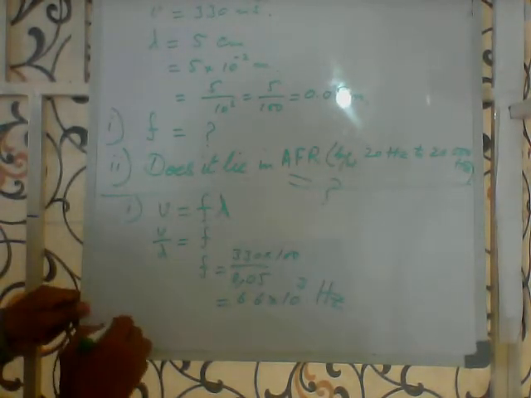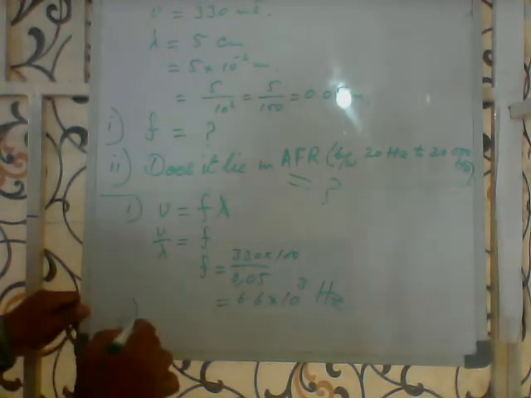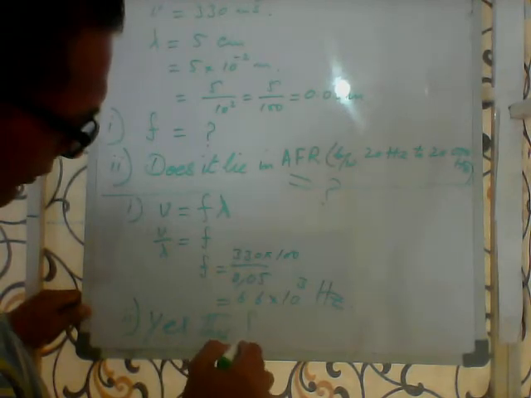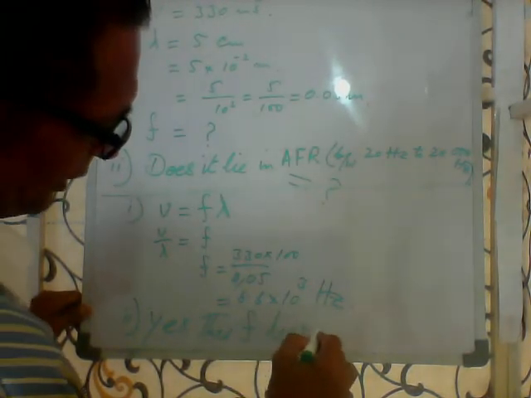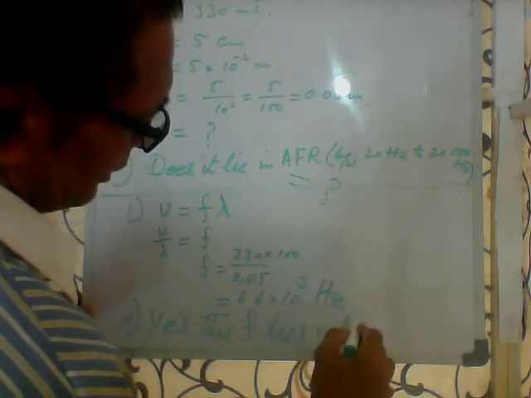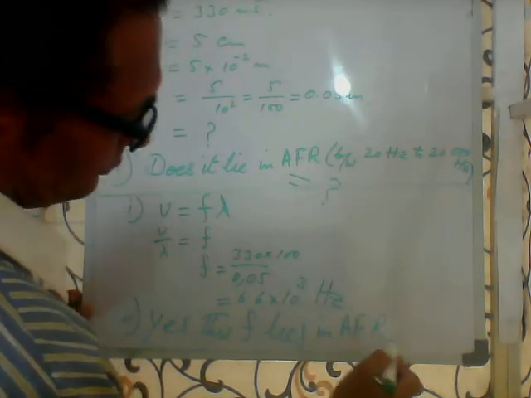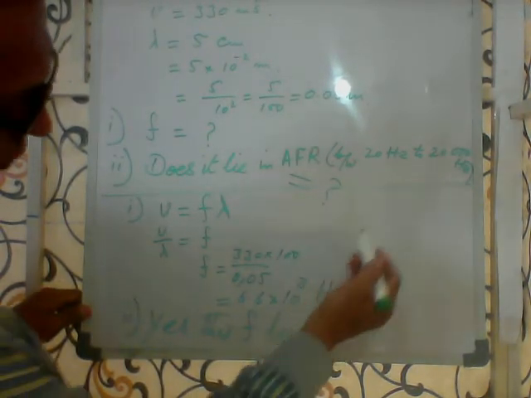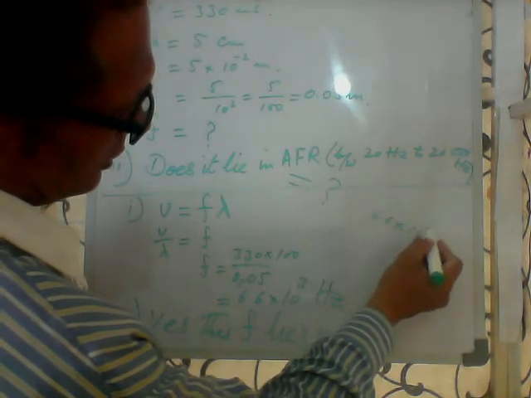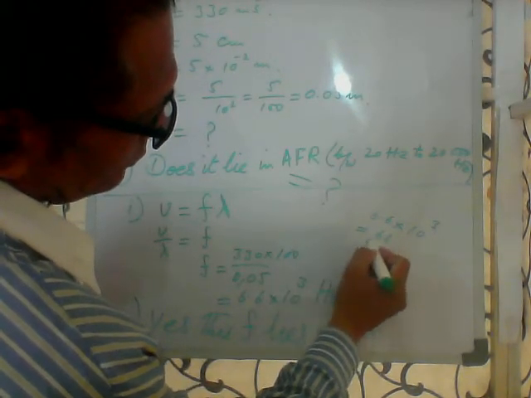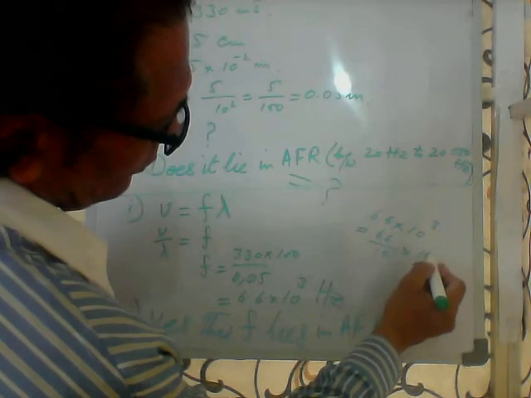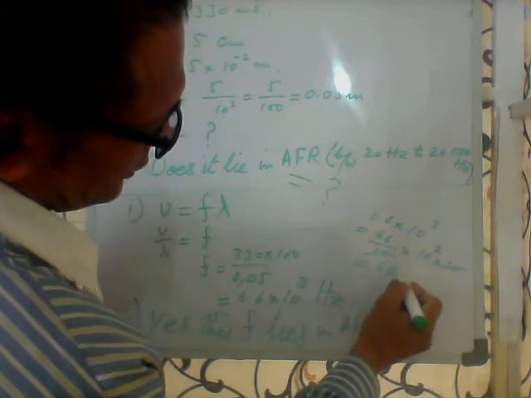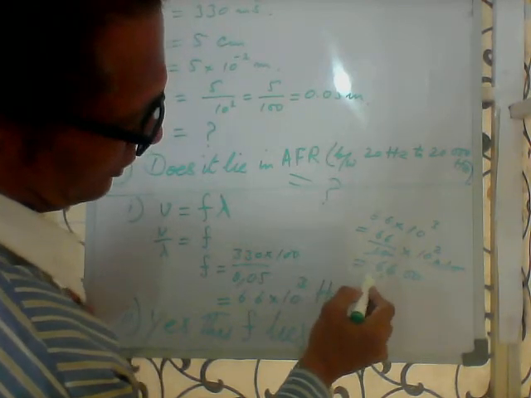As you see, this 6.6 into 10 to the power 3 Hertz lies in this range. So for answer number 2, you will write yes, this frequency lies in the audible frequency range. 6.6 into 10 to the power 3 means 6600.